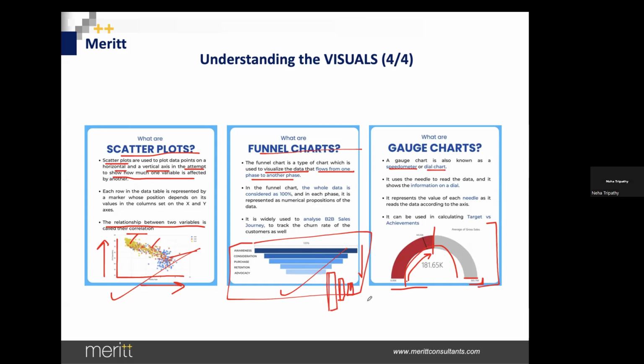What I have seen is, typically in a stage and gate process, which is followed in projects, the way they map out the various stages, as in which phase the project is in, I think I've seen a funnel chart.